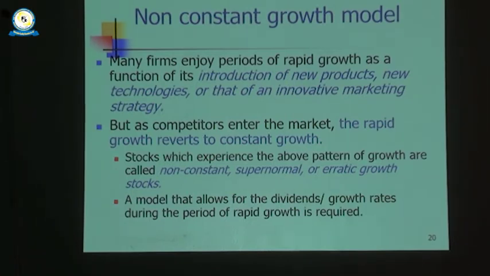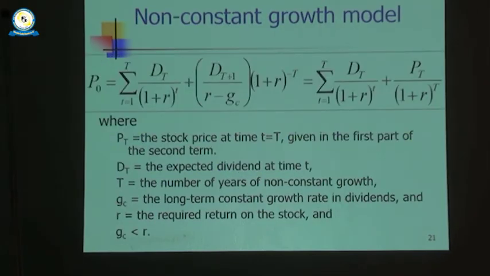Now, stocks which experience the above pattern of growth are called non-constant, or we call it supernormal or erratic growth stocks. That is the words we use when we are talking about non-constant growth.